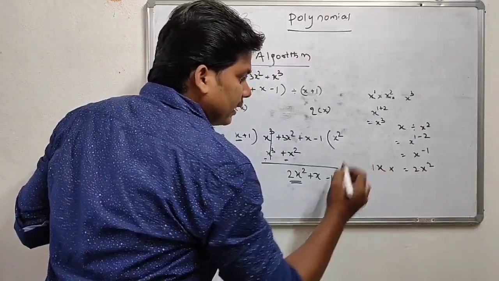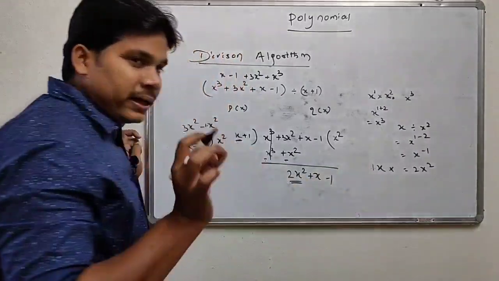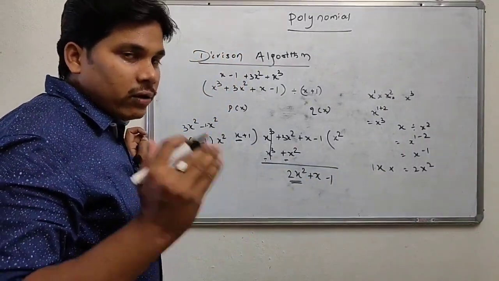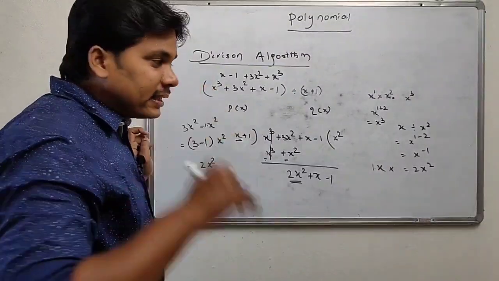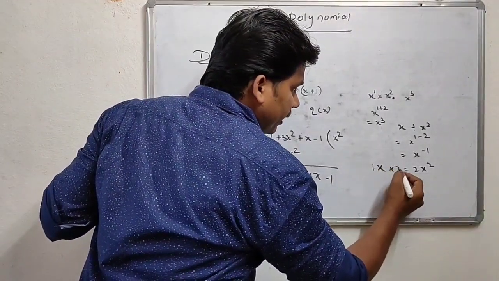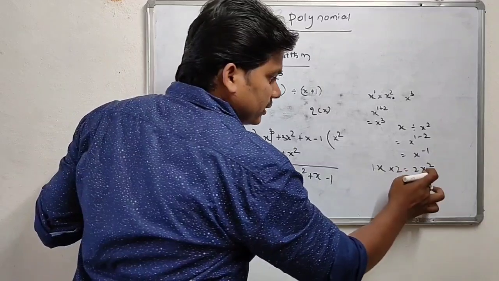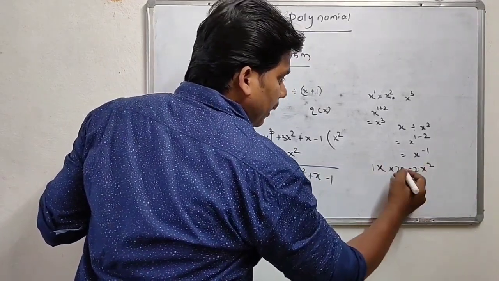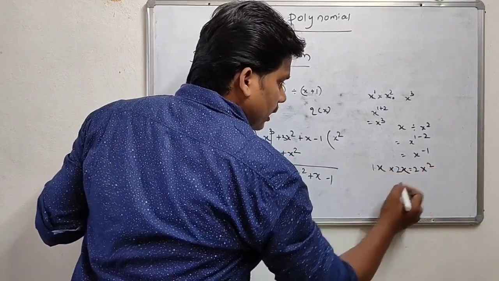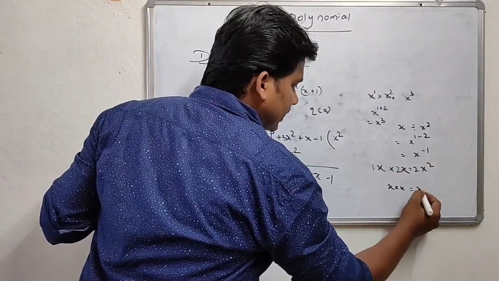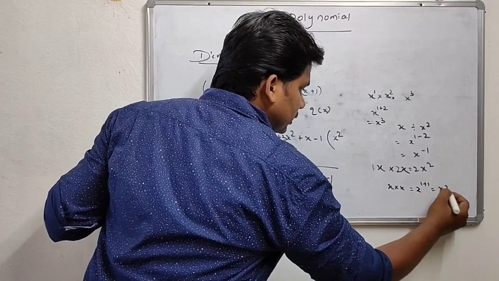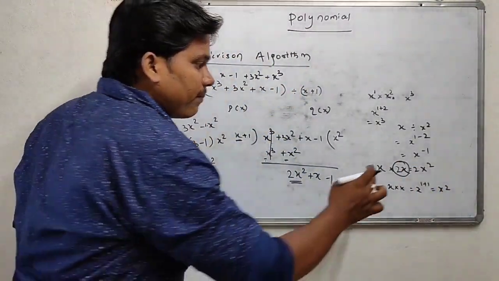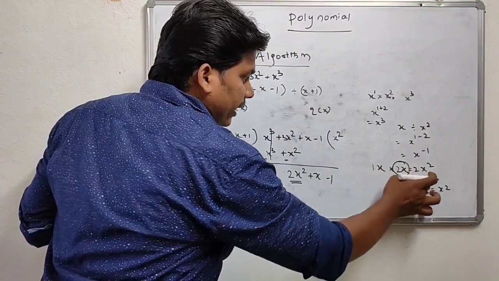Here 1 is there. 1 is the multiplicative identity, so if you multiply any number with 1, we get the same value. That's why as 1 is there, we can put 2 here. 1 into 2 is 2. Now, as x is there, if you multiply by x, we get x square, because x into x means x power 1 plus 1 is x square. That's why 2x is the term used for multiplying this value to get this value.